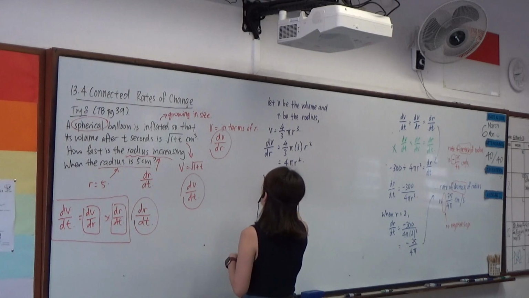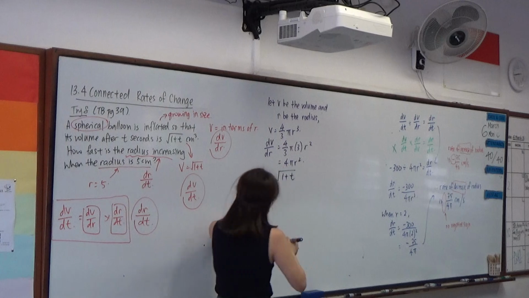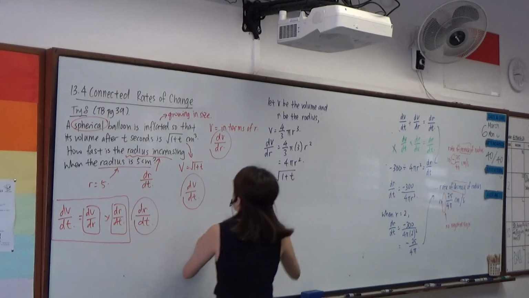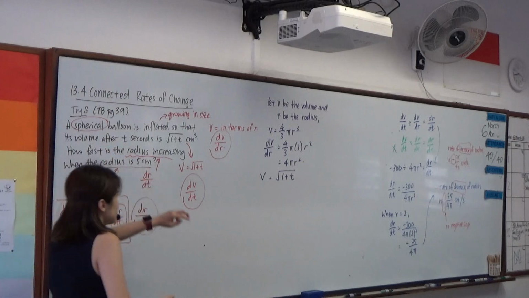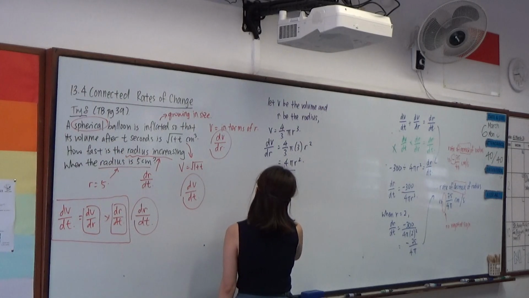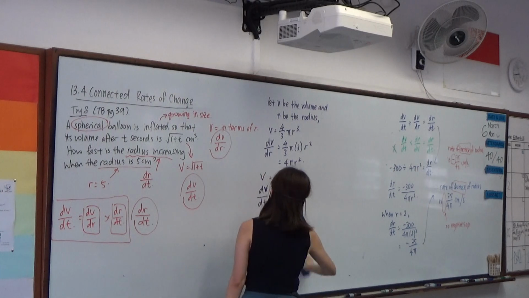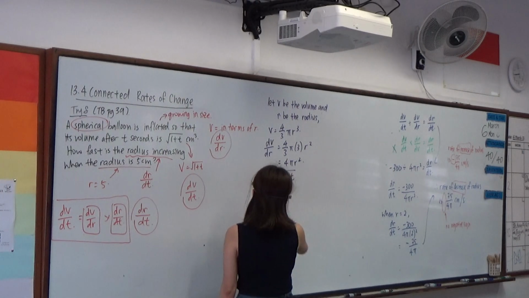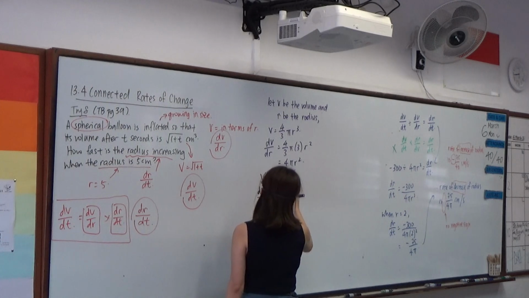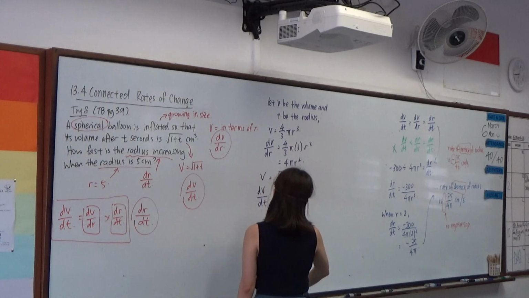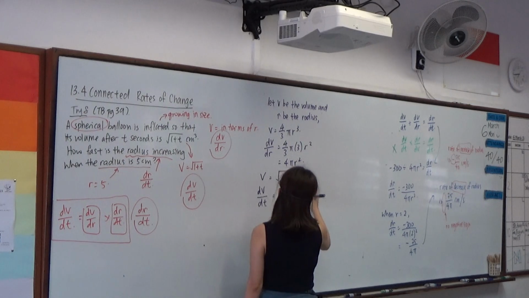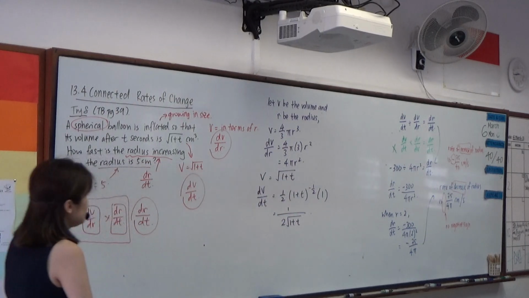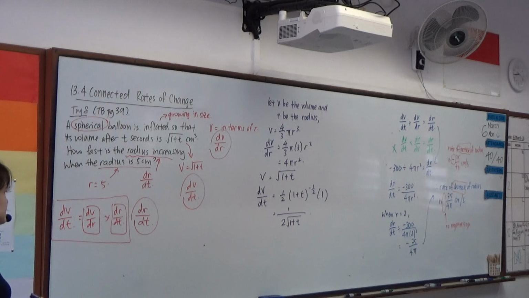And then we are given that V equals square root of 1 plus t, because that's the volume after t seconds, and we can find out what is dv over dt. So dv over dt will be 1 over 2 square root of 1 plus t.